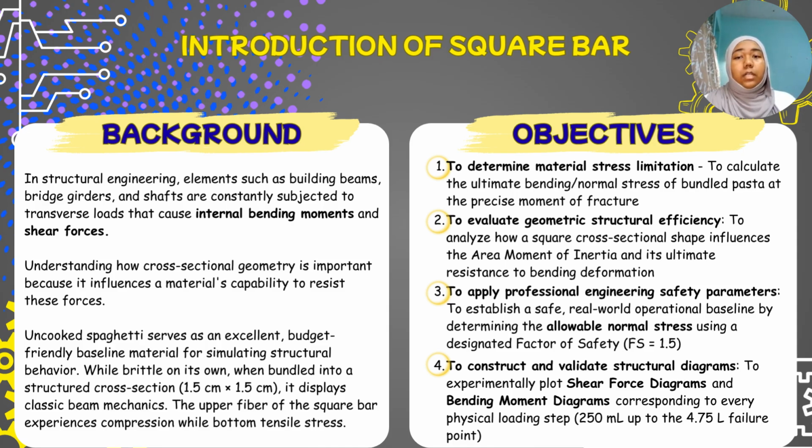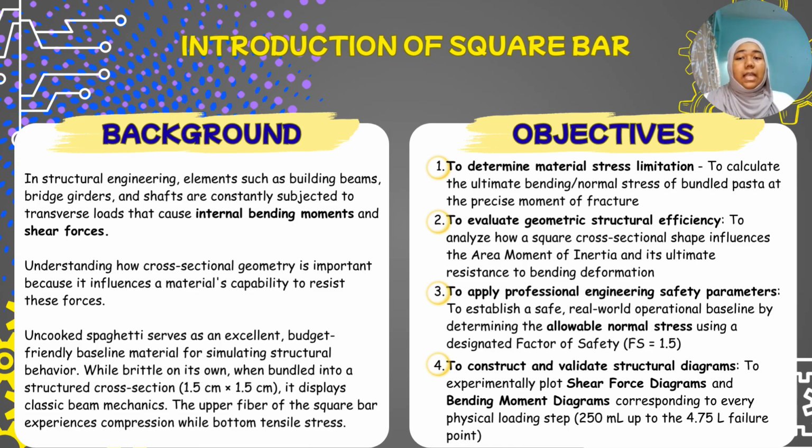In structural engineering, elements such as building beams, bridge girders, and shafts are constantly subjected to transverse loads that cause internal bending moment and shear forces. Understanding cross-sectional geometry is important because it influences a material's capability to resist these forces.